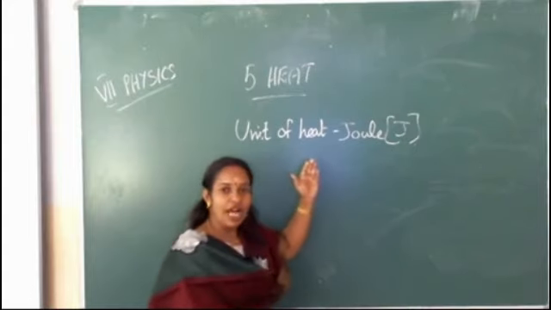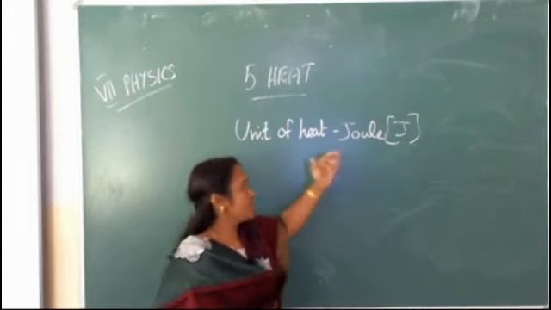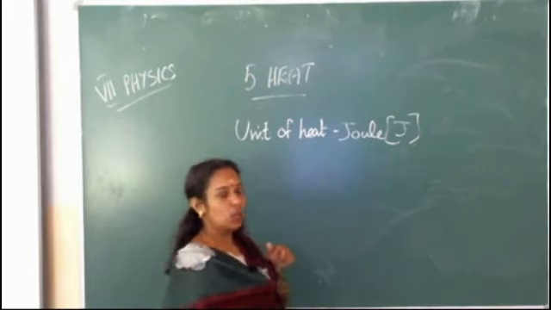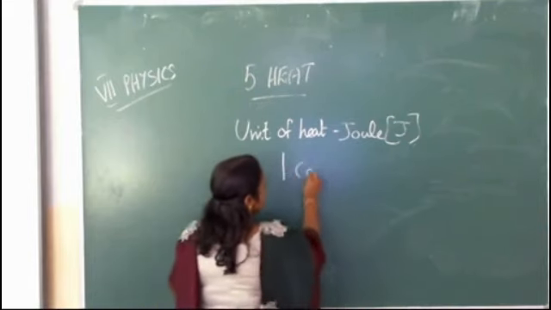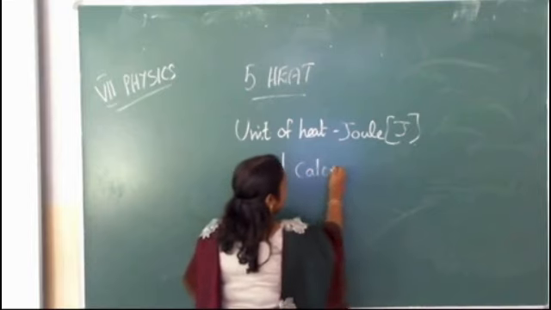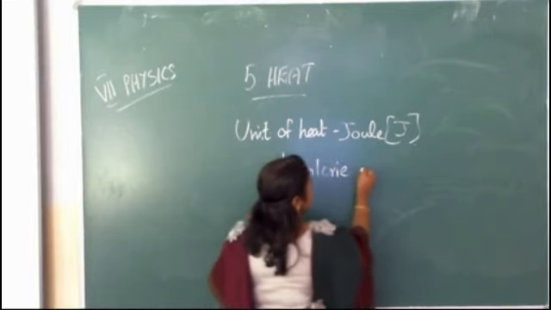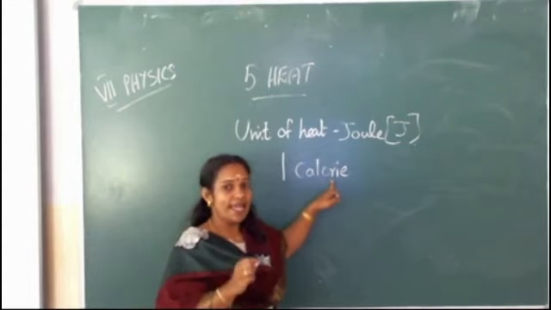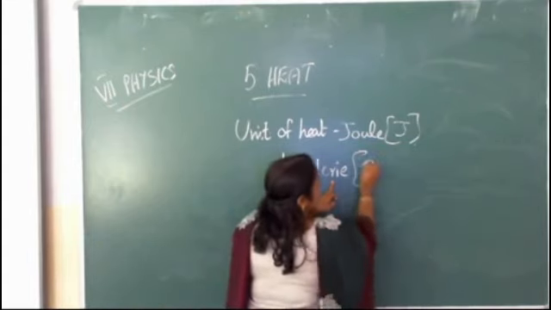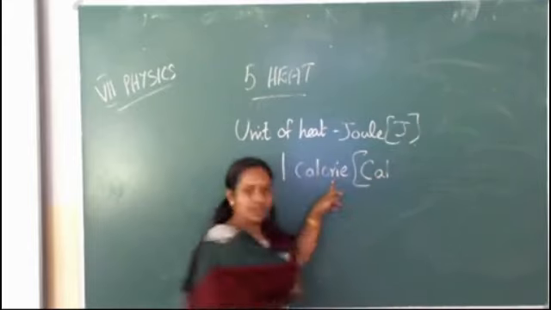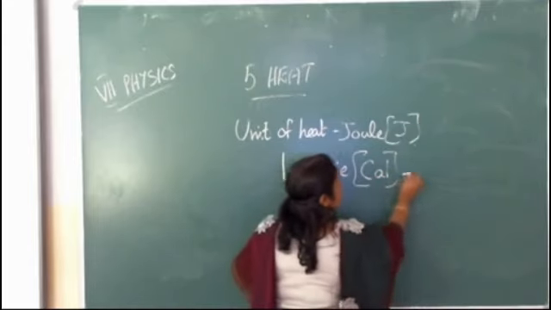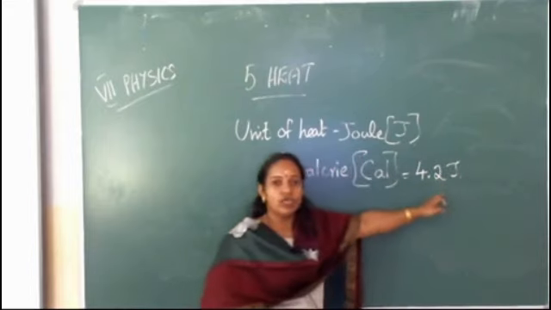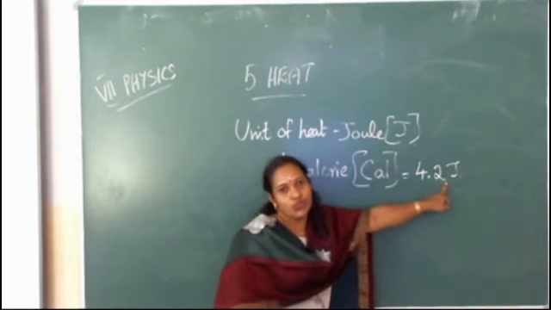Then we have to study the relation between joule and calorie. 1 calorie is equal to... Calorie is represented by CAL, capital C, small a, l. 1 calorie is equal to 4.2 joule.